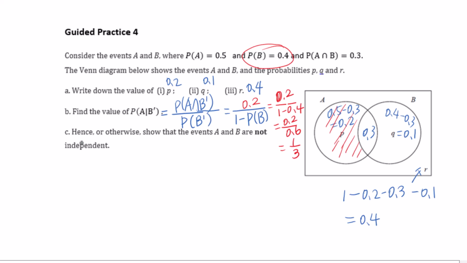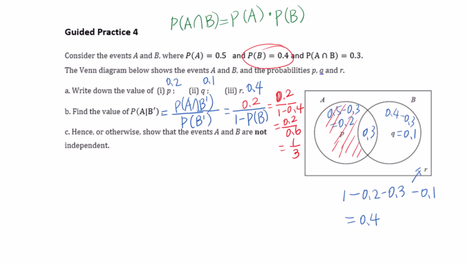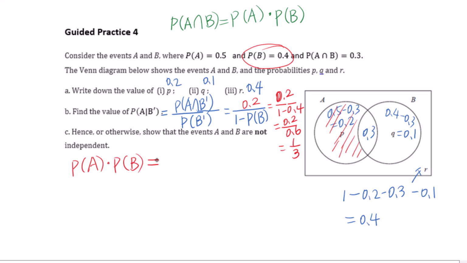Let's go to part (c), hence or otherwise. Show that the events A and B are not independent. If two events are independent, it means the probability of A intersection B equals the probability of A times the probability of B. We need to check the probability of A times the probability of B equals 0.5 times 0.4 equals 0.2.